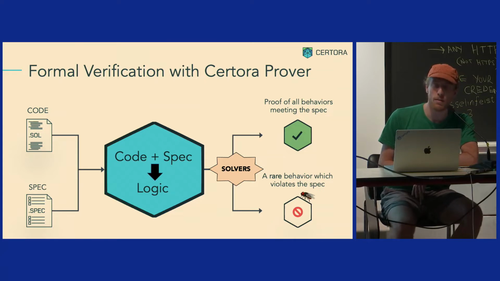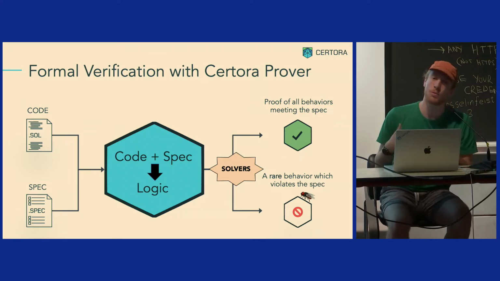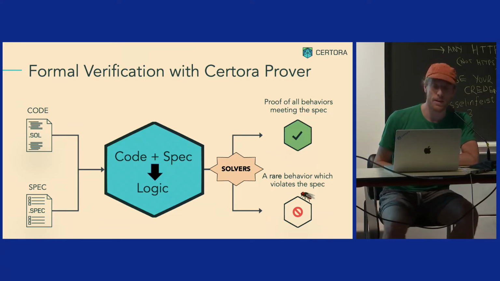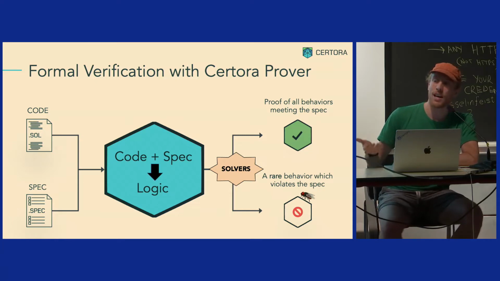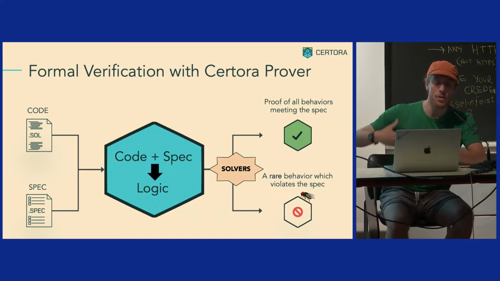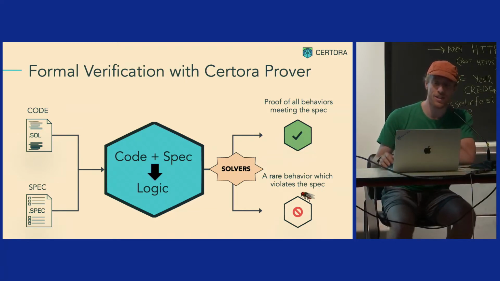So if you've heard of Z3, CVC4, 5, yikes, a bunch of tools that are able to handle these mathematical formulas with a bunch of theories and whatnot. And then those tell us whether or not they found a bug or proven the spec correct. And then we do a back translation to get the result that you see.